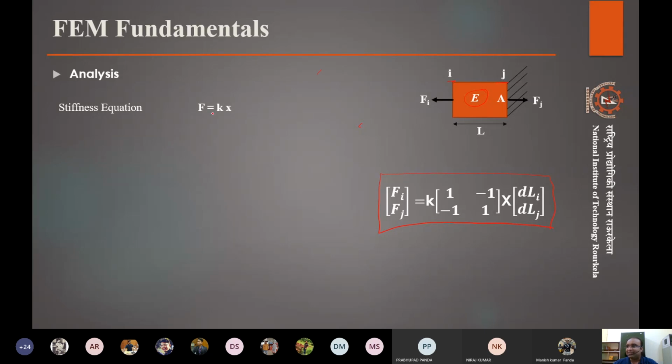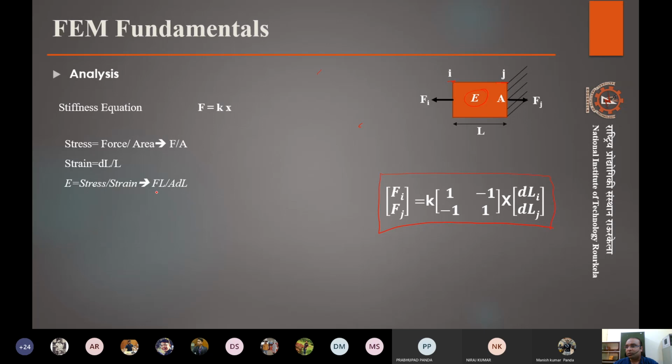Right. So stiffness matrix, we can say in this case. So for our case, if we suppose this is the force and area is A, so stress can be defined as force upon area, right? Strain can be defined as change in length over original length. This is, I think, very basic. So if we give a relation for elastic modulus, so elastic modulus will be stress over strain.